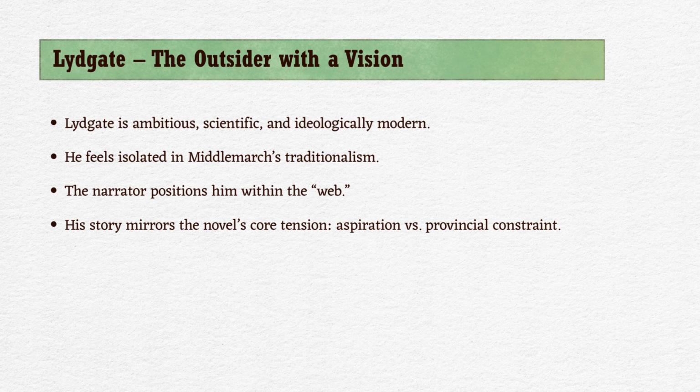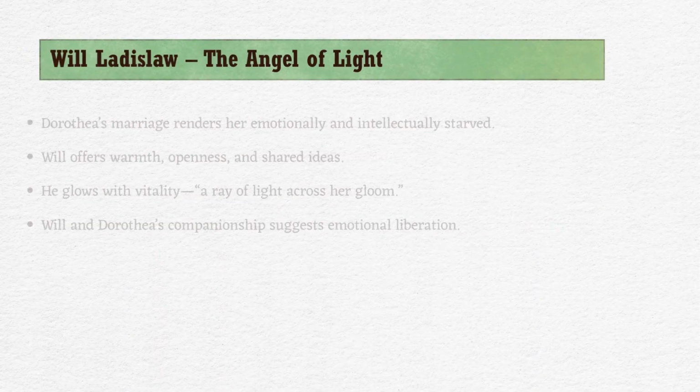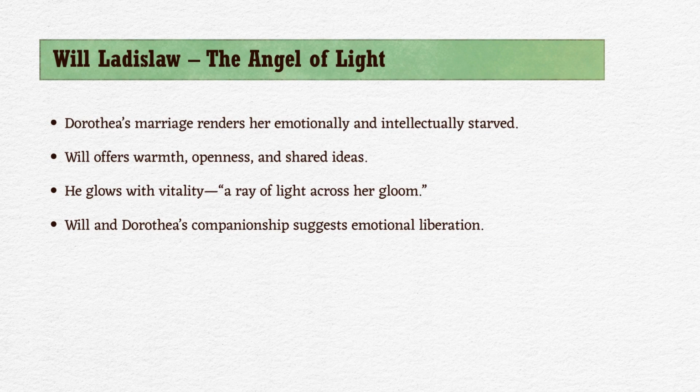Parallel to Lydgate's intellectual frustrations is Dorothea's emotional starvation. And that's where Will Ladislaw enters. Will's light is not just poetic, it's thematic. Dorothea, trapped in a marriage that suppresses her mind and spirit, finds in Will a renewed intellectual and emotional energy. He is politically progressive, aesthetically sensitive, and emotionally perceptive.